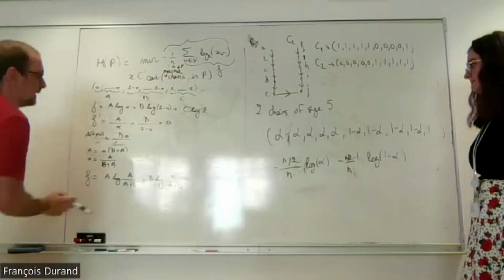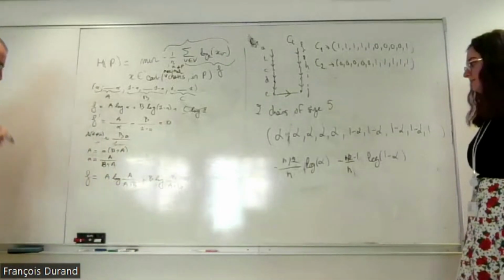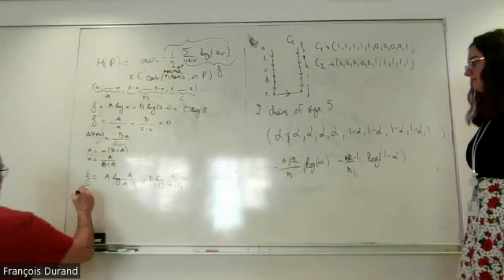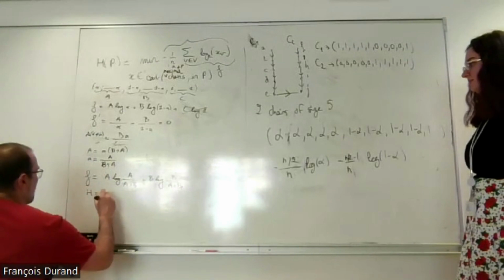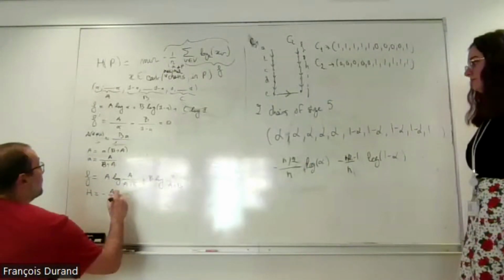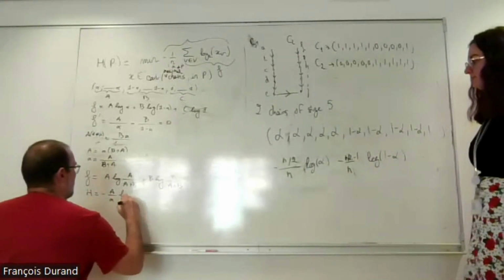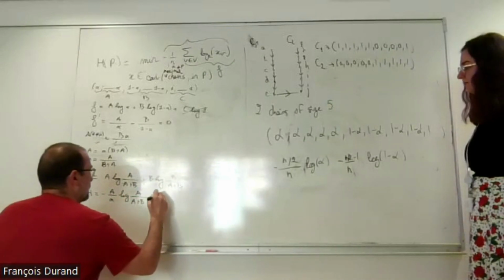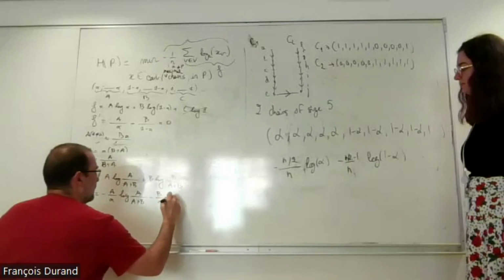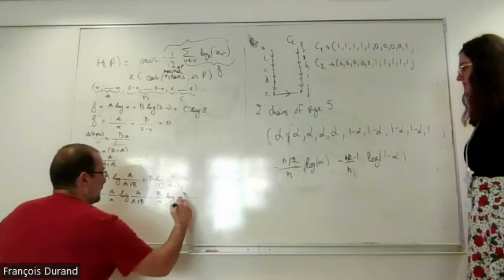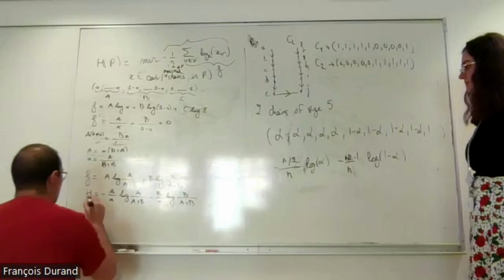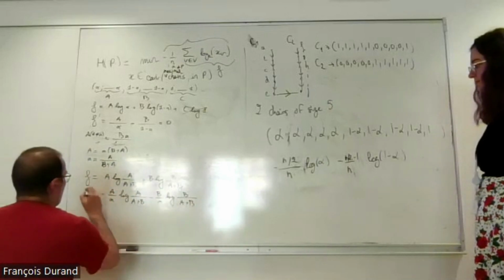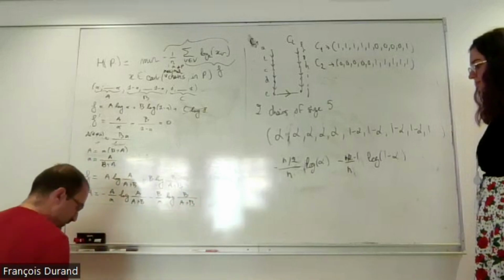So this is going to be my optimal F. And if you want, you can divide by n, and then you have minus A over n log of A over A plus B minus B over n log of B over A plus B. So that will give just F, as you said: it's entropy of A plus entropy of B minus entropy of A plus B.